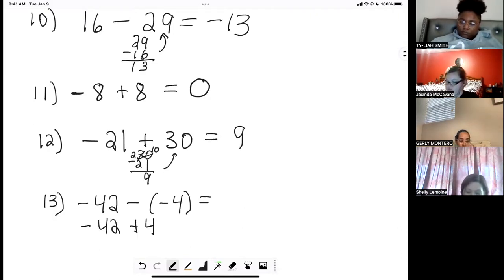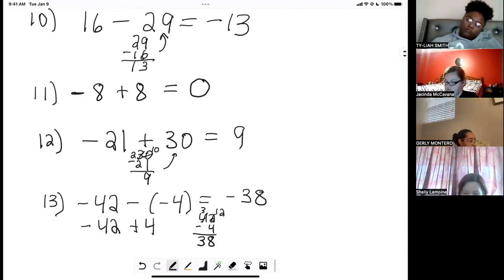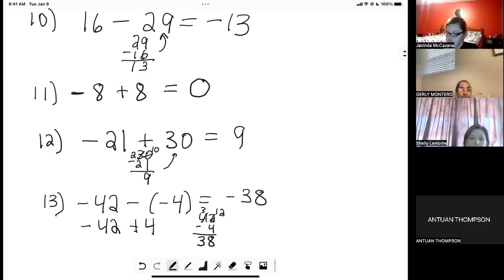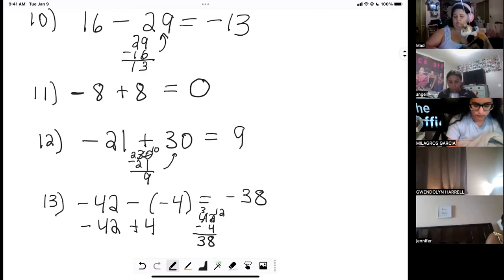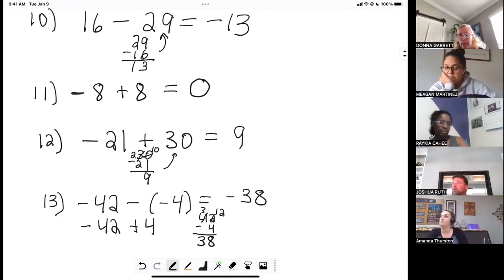So that means opposite signs, so I need to subtract them. Borrow. I get 38, but 42 is a bigger number, so it has to be negative 38. Get that one? Good, excellent. Okay.